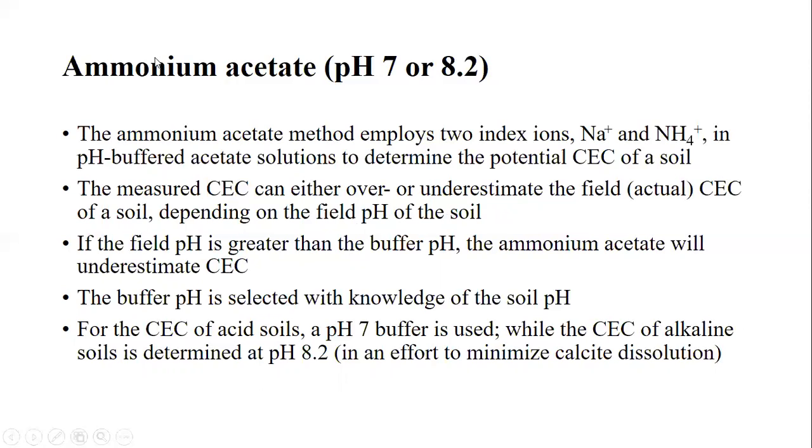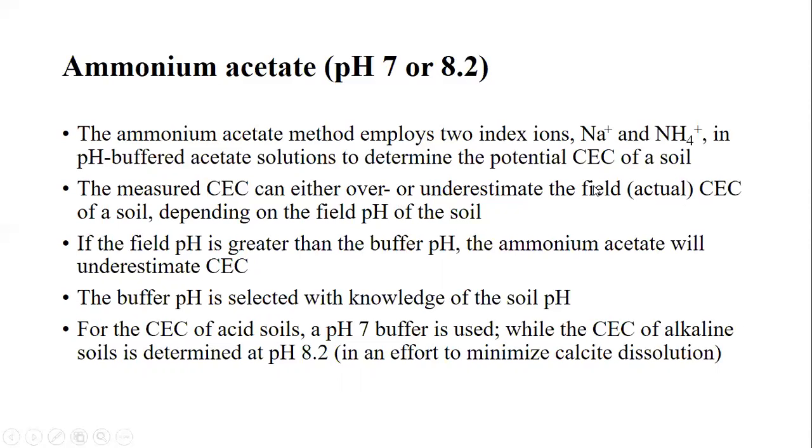Okay, that's why you see the title, we have pH 7 or 8.2. So we choose for our soils, for the conditions we have, which one is the appropriate one. Do we use ammonium acetate buffered at pH 7 or ammonium acetate buffered at pH 8.2? So the measured CEC can either over or underestimate what we find in the field.